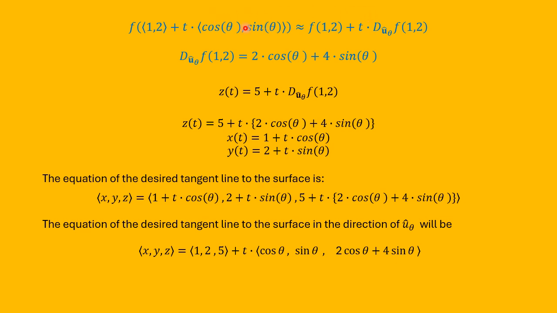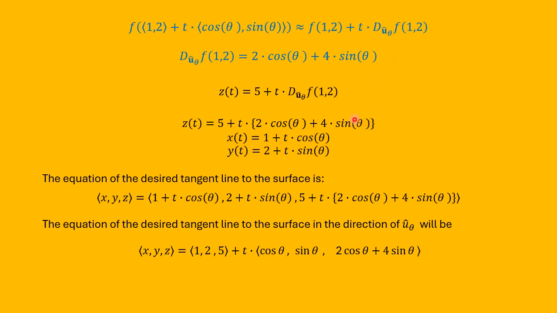This approximation is only good, most likely, for very small values of t. But this is going to be, on this side at least, our linear approximation to that surface on a particular curve embedded in that surface. And we found out that that directional derivative at 1, 2 is equal to this stuff.